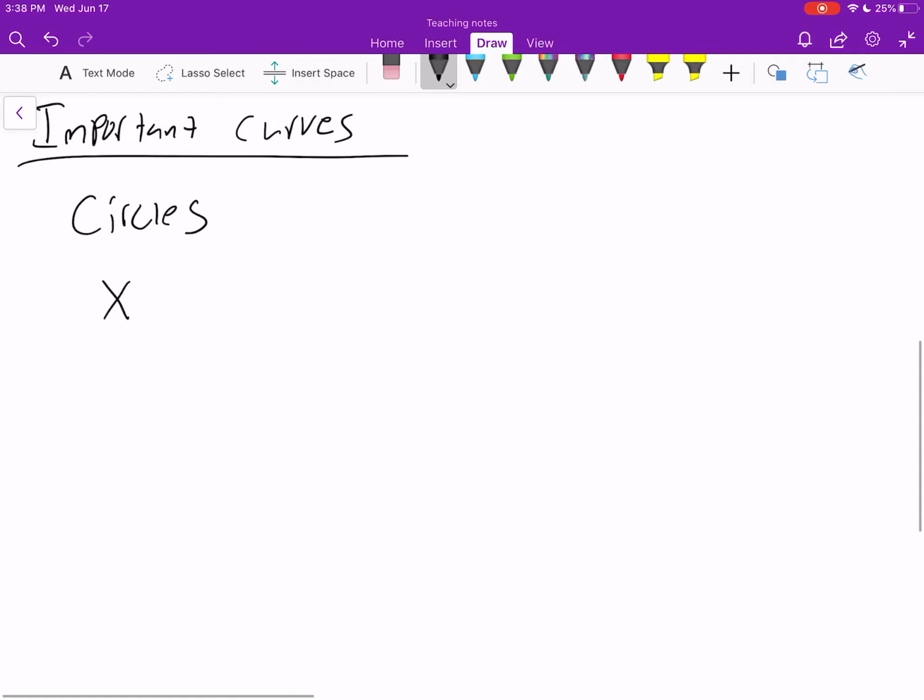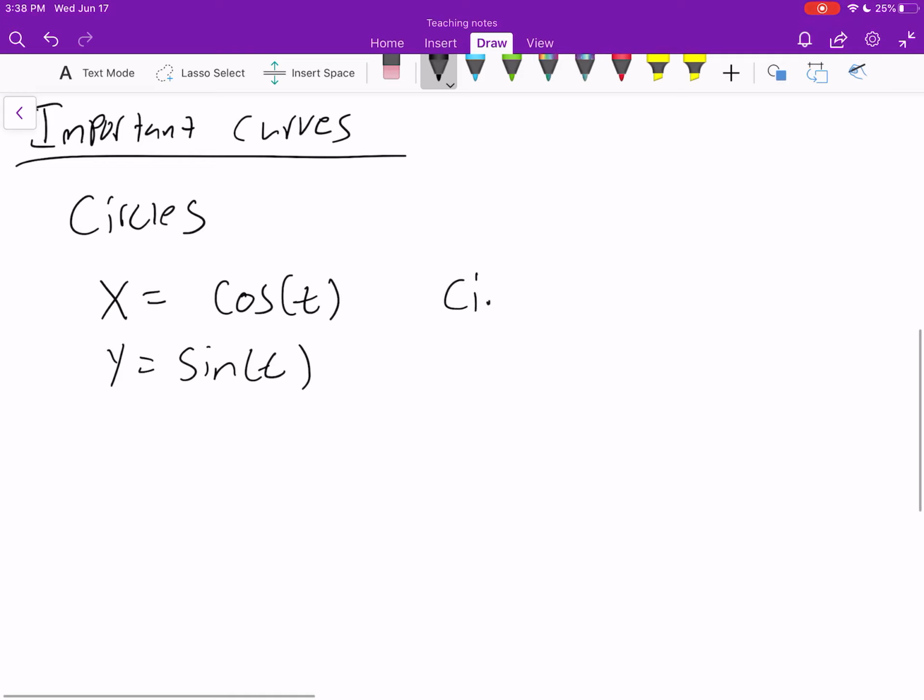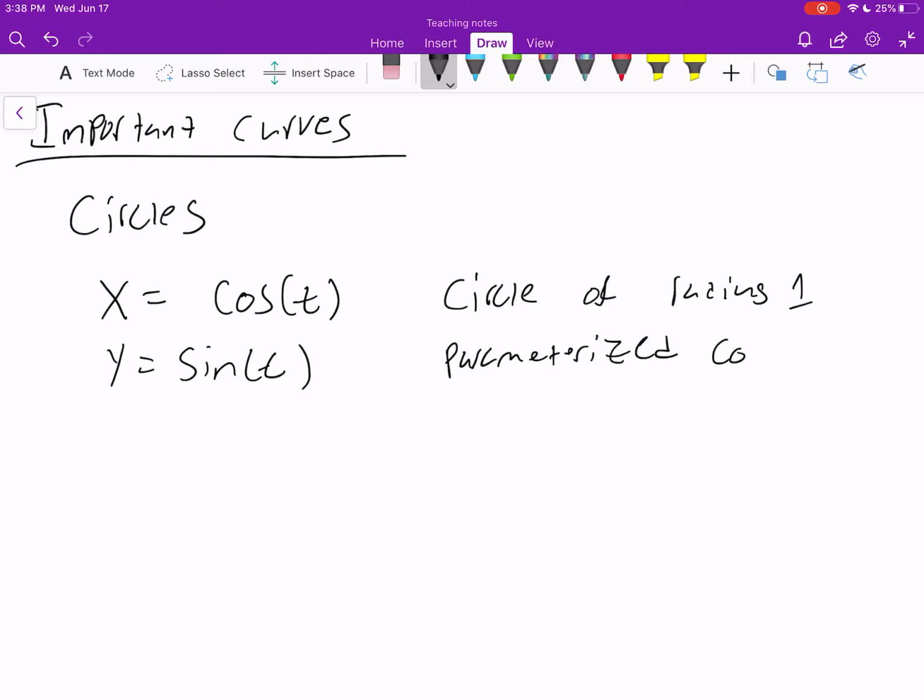The first one we saw is x is equal to r cosine of t. Well, let's do x is equal to cosine of t, y is equal to sine of t. This is a circle of radius 1, parameterized counterclockwise.